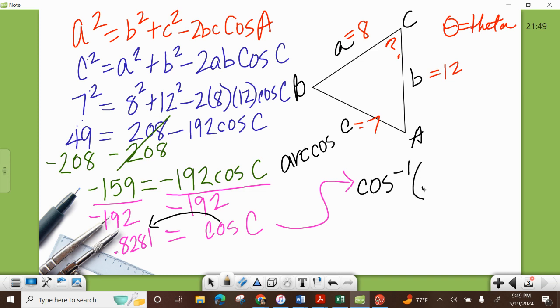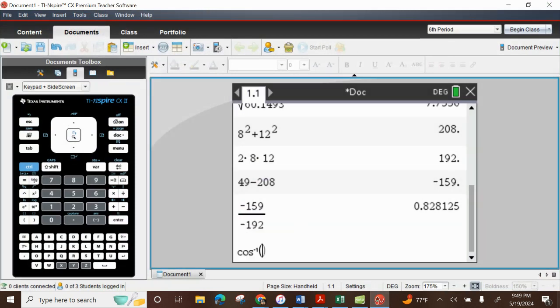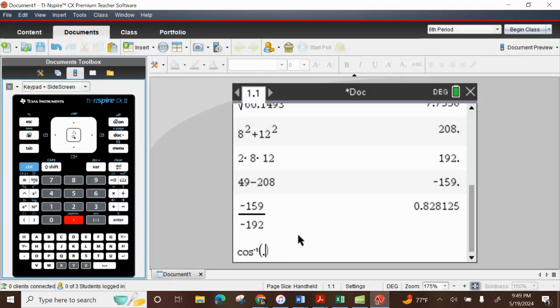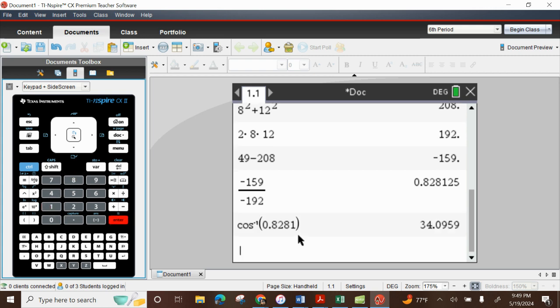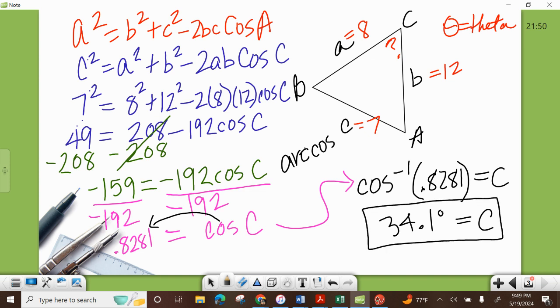I'm going to take the inverse cosine of 0.8281, and that's going to solve for angle C. That gives me 34.1, so angle C is actually 34.1 degrees, and you've just used the law of cosines to find angle C.